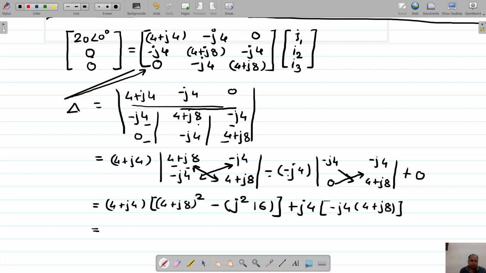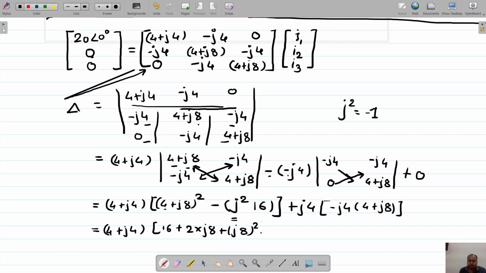Now let us simplify this again. 4 plus j4. Now let us expand this bracket: 4 square is 16, plus 2 into j into 8, and plus j8 bracket squared. Remember that j square is nothing but minus 1. Wherever there is a j square we are going to put minus 1.